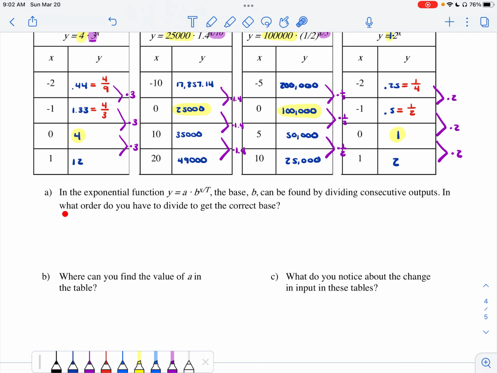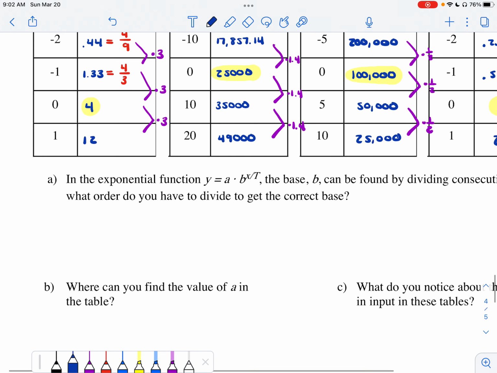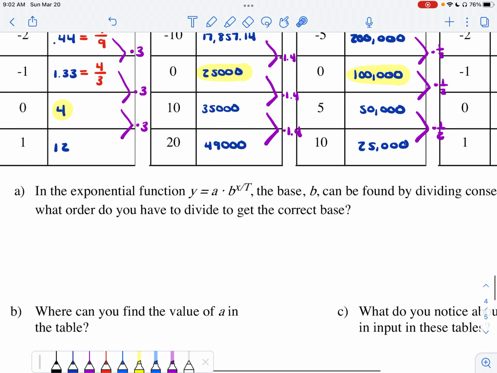All right, now we want to answer the question, in what order do you have to divide in order to get the correct bases? So that was what I was just saying. I don't know how to word that. Divide, not the bigger number necessarily, but the second number by the first number, I guess we could say.